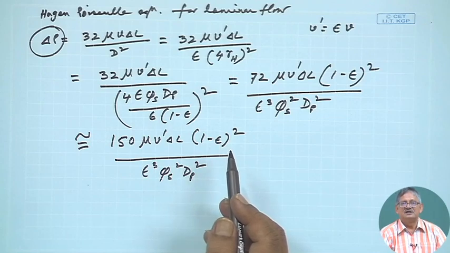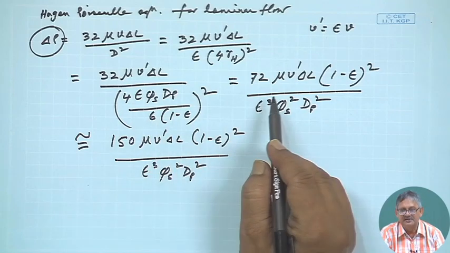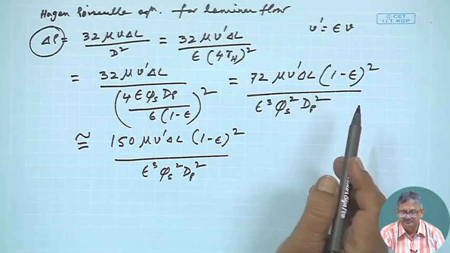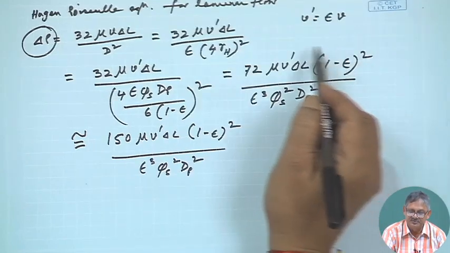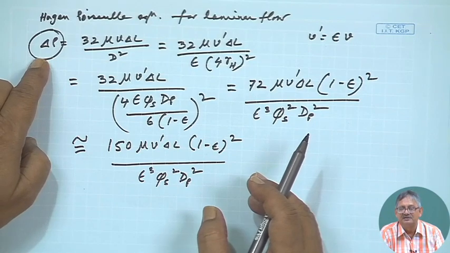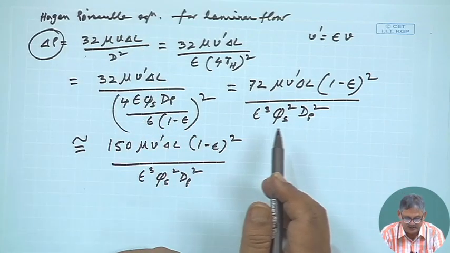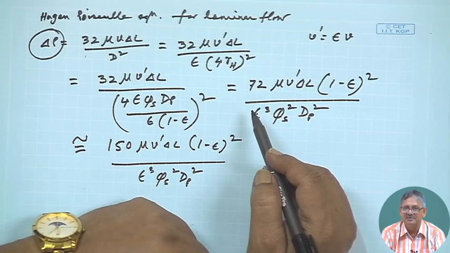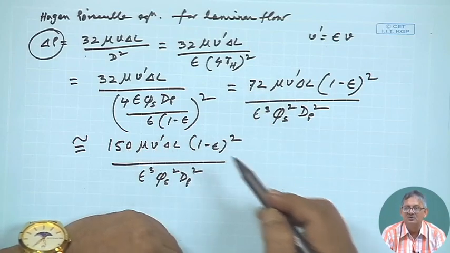So when all these are known, then you can write it in terms of 72 mu v prime delta L into 1 minus epsilon square by epsilon cube into phi s square dp square. So if you know all these terms, then you can tell what the delta P is. But the problem is that when you do this, it has been found that the actual case will be much better if this 72 is replaced by 150.